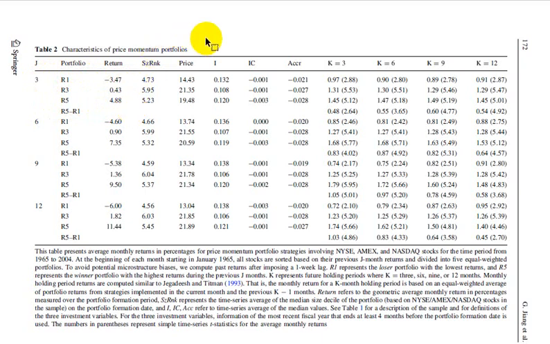In prior studies, we typically see that past winners outperform past losers. If we look at R5 minus R1, that would be the zero cost portfolio. What's the difference between these two?